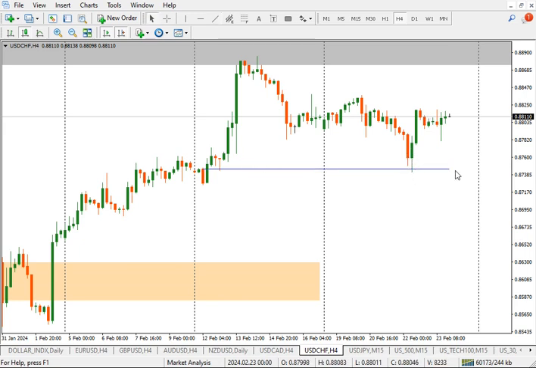So we want to see higher prices. The bullish order block has been filled back, so we want to see higher prices on our USD CHF, our Swiss.